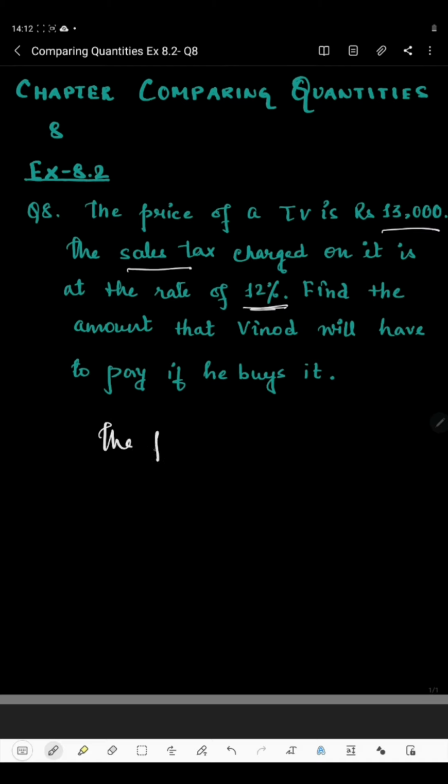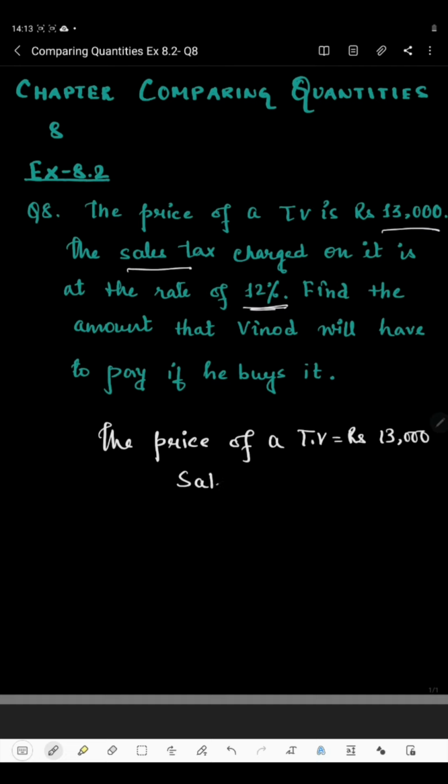Now the price of a TV is rupees 13,000. Now we have to find the sales tax. So sales tax, as I said, is the tax which the customer has to bear if they want to buy any item.